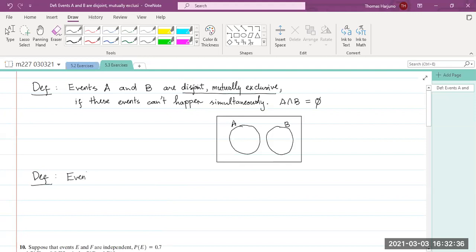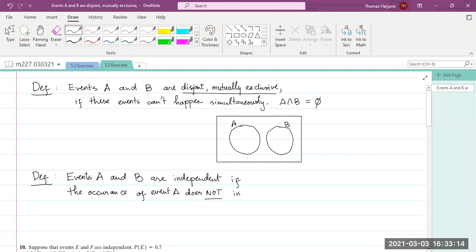Okay, events A and B are independent if the occurrence of event A does not influence, or basically does not increase or decrease, the occurrence of event B, and vice versa.